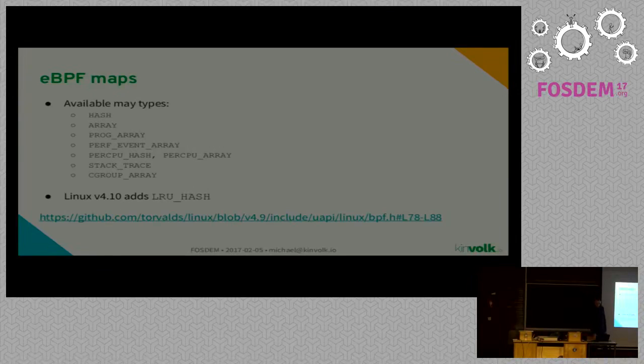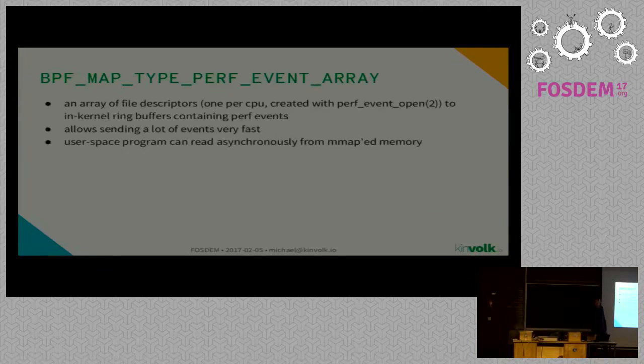I will show you one in detail, and that is type perf event array. So it's an array of file descriptors with perf event data, and the nice thing about it is that the kernel can just write into a ring buffer and doesn't have to wait for you in user space, and the user space program can then map the memory of the ring buffer and read from it asynchronously.